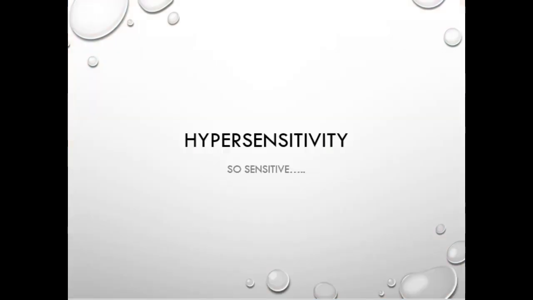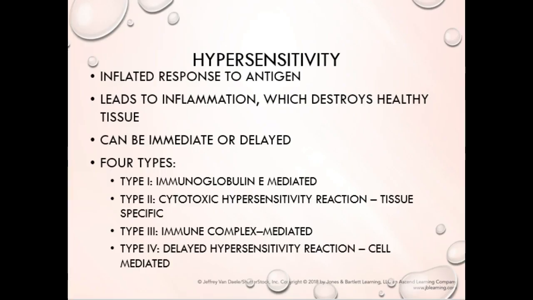Let's talk about hypersensitivity. So sensitive. There's several levels of this. And what it is, is an inflated response to an antigen. Obviously, we understand it's going to lead to some sort of inflammation. It could destroy healthy tissue, doesn't always.